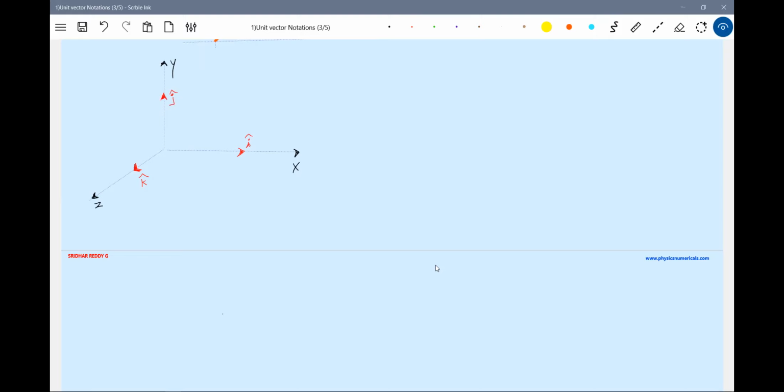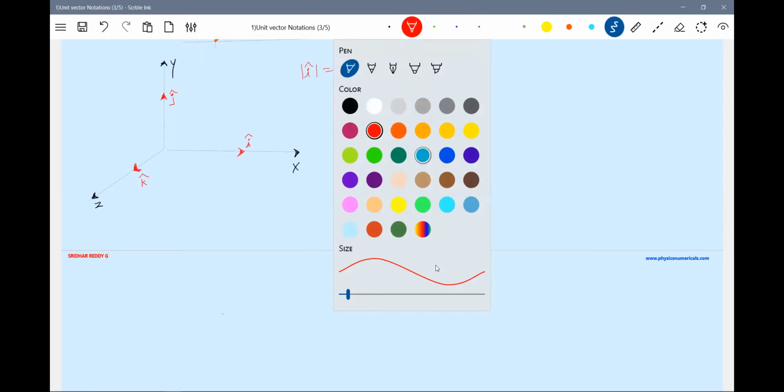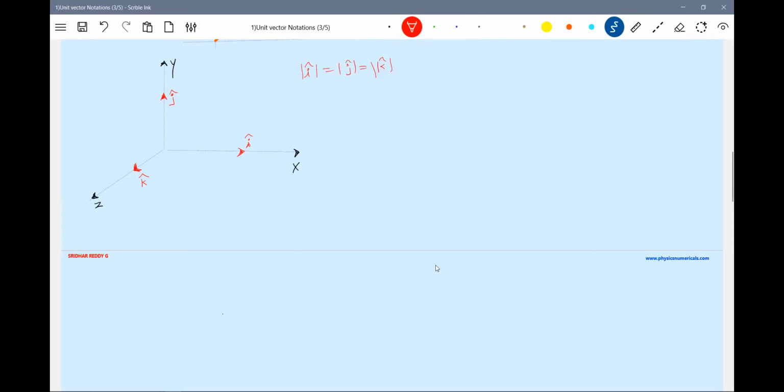So what are i cap, j cap, k cap? Let's define them. What is the magnitude? The magnitude of all these unit vectors is unity, because they are unit vectors. Magnitude of all three is unity.